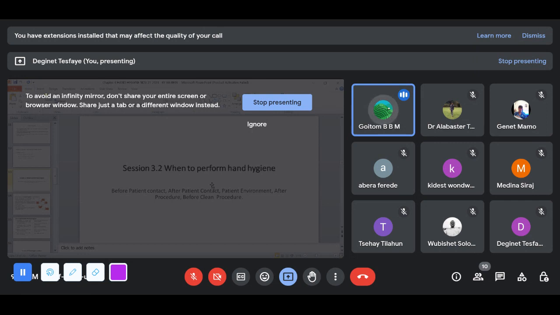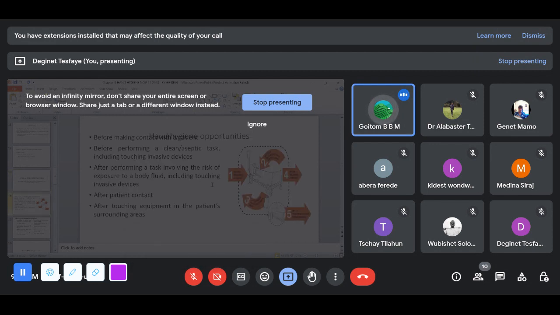The 5 WHO identified moments are before making contact, before performing a clean or aseptic task, including touching invasive devices, after performing tasks involving the risk of exposure to body fluids, after patient contact, and after touching equipment in the patient's surrounding area.